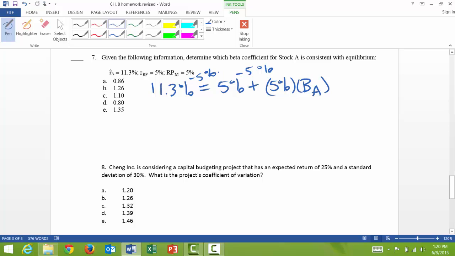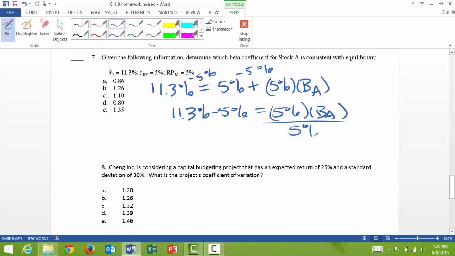That would leave me with 11.3 minus 5% is equal to 5% times the beta for stock A.